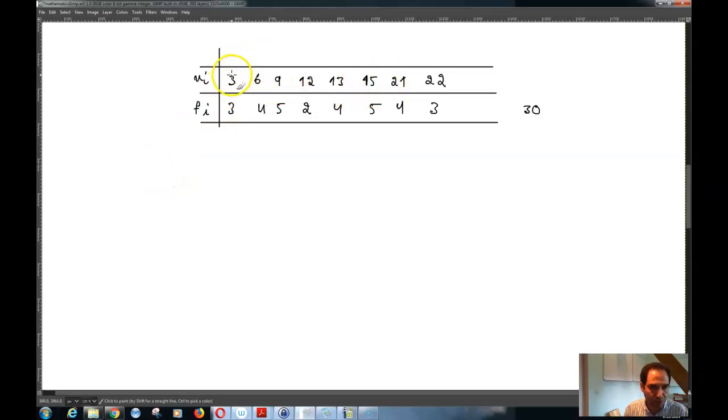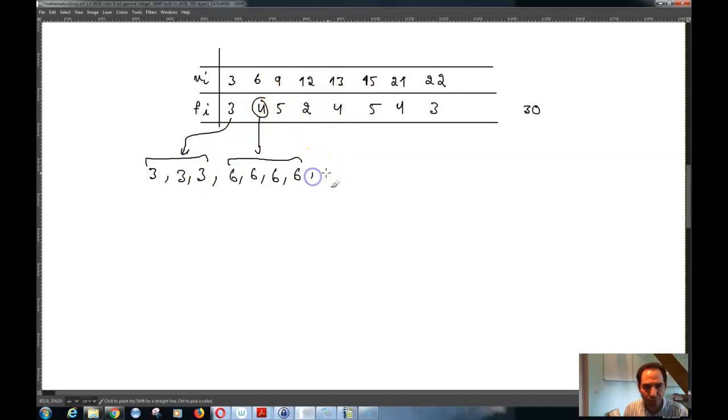The first one tells you their age is 3, the second 3, the third 3. The fourth tells you 6, and another 6, and another 6, four 6s. You have three 3s, and then five 9s, and so on and so forth. In the same manner, you get 30 such numbers.